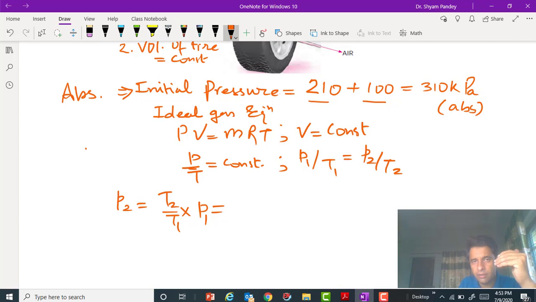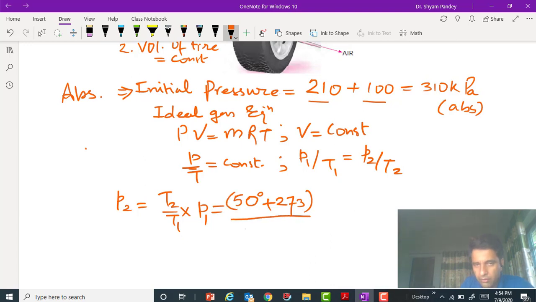T2 is the temperature after some time when the tire rolls on the road. Due to the force, or rather the load on the tire, the temperature rises, and the temperature which is given is 50 degrees Celsius. So 50 plus 273, because you need to calculate absolute temperature.